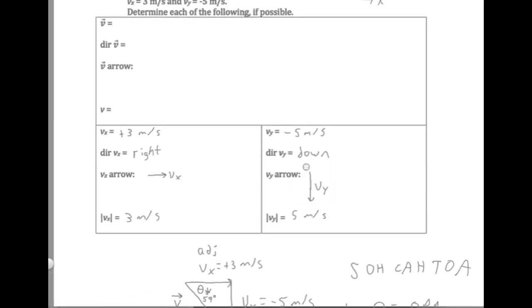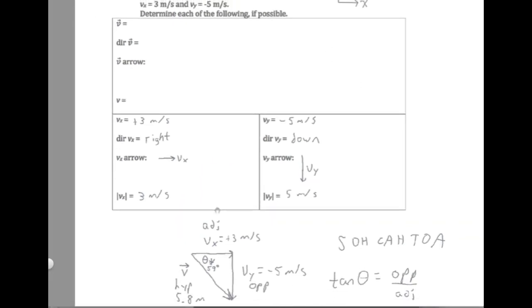And now we can build that all up into our sketch. So we decided that the overall magnitude here was 5.8 meters, and our overall vector looked kind of like this, and it's at an angle of 59 degrees.